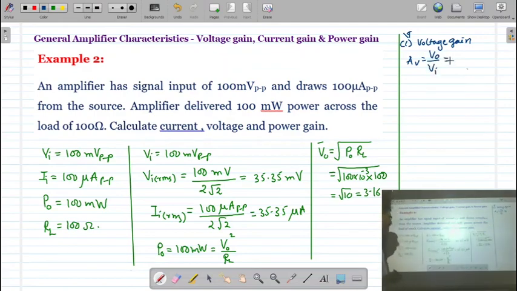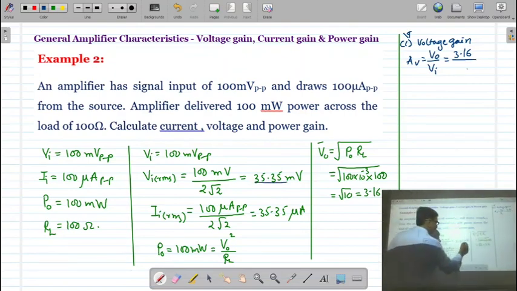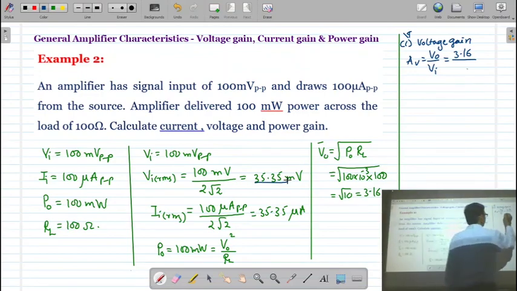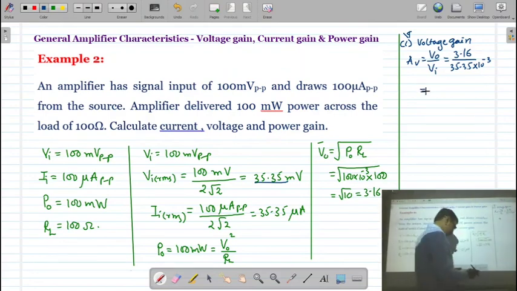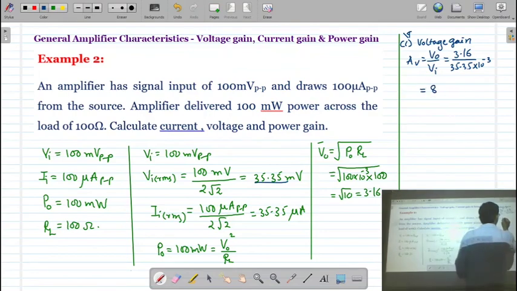Output voltage we have calculated as 3.16, and the input voltage we have already calculated as 35.35 millivolts. Remember, both are in RMS. So 35.35 into 10 to the minus 3. If you calculate this, it will come out to be roughly 89.45. The voltage gain of the amplifier is 89.45.